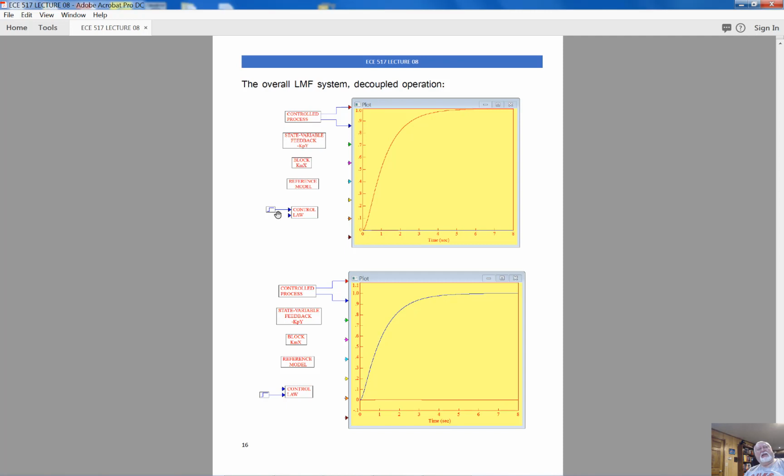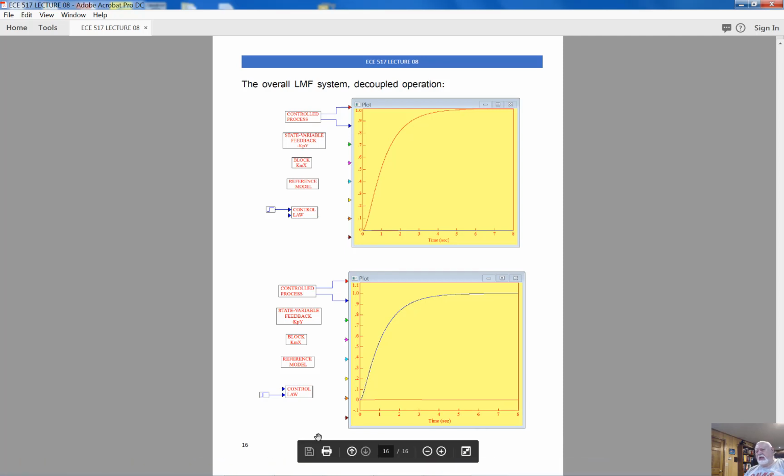However, when I was typing in the numbers, I did some truncation. Now, exactly the same situation. However, the input step is applied to the input number 2 of the controller. And the situation is reversed. You can see a nice response in the output number 2 and a response virtually equal to 0 in the output number 1.